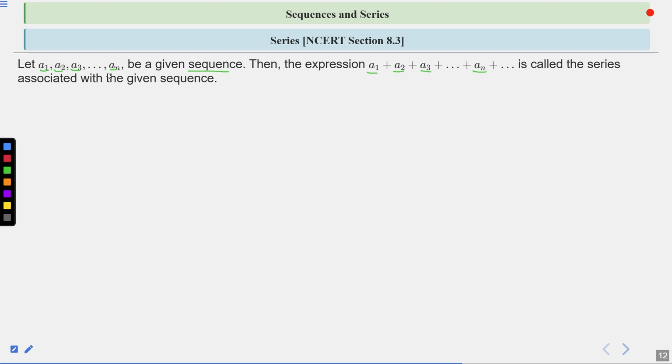If you have a finite number of terms, you add the finite number of terms of your sequence. This expression is what we call a series, and this is how we associate a sequence to a series. Clear?